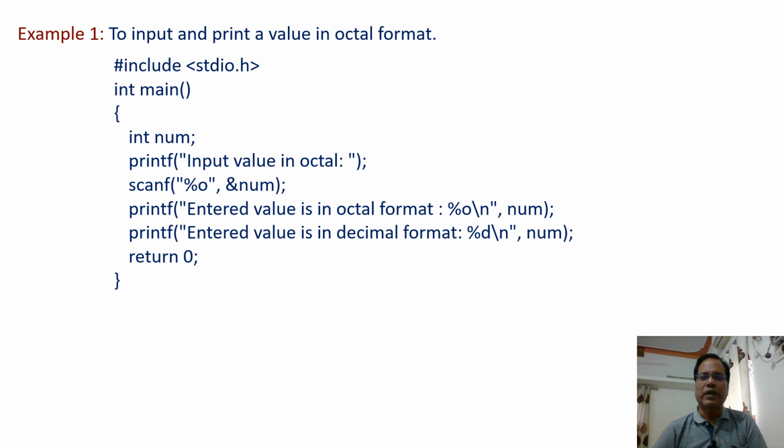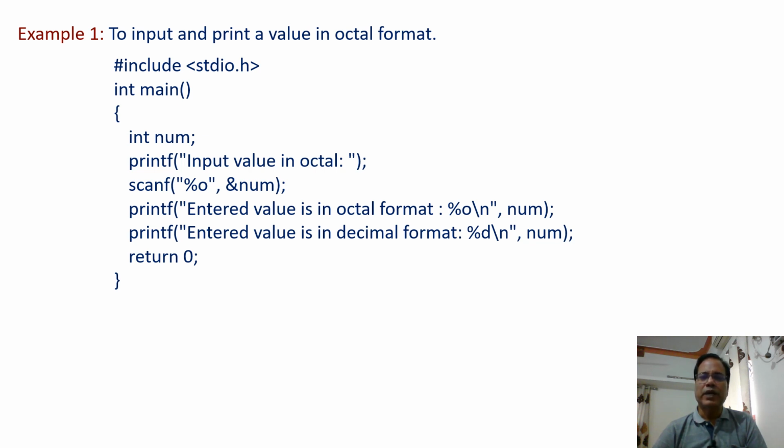The next statement is printf: entered value is in octal format colon %o. Here we print the entered number, that is the octal number, using the format specifier %o.